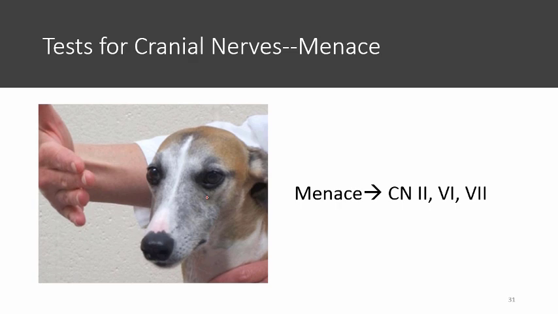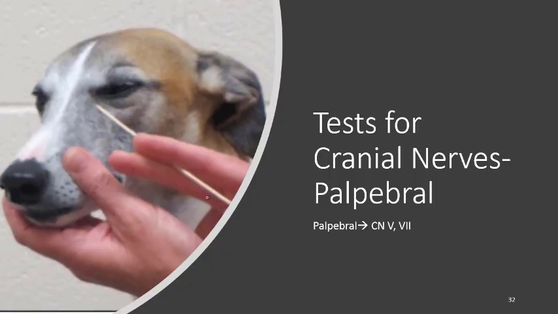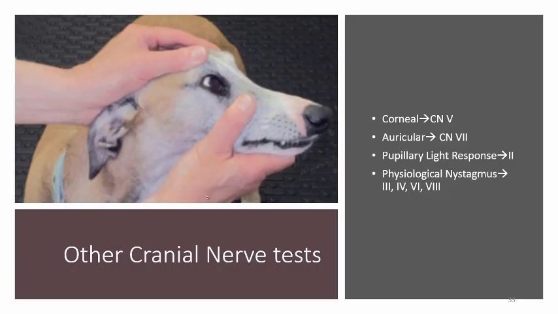These are sort of the ones that I'm going to use. I'm going to do a menace test, and that's going to check cranial nerve 2, nerve 6, and nerve 7, right? And then I'm going to check a palpebral, which is really cranial nerve 5 and nerve 7. And other cranial nerve tests that I'm going to do are a corneal, which is really going to check nerve 5, the auricular, where you basically take a Q-tip and touch the dog's ear and see if it twitches, that's going to be 7.